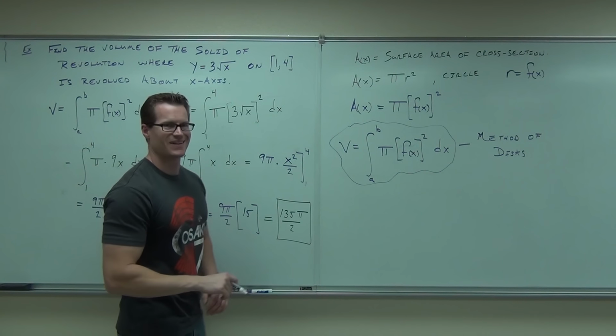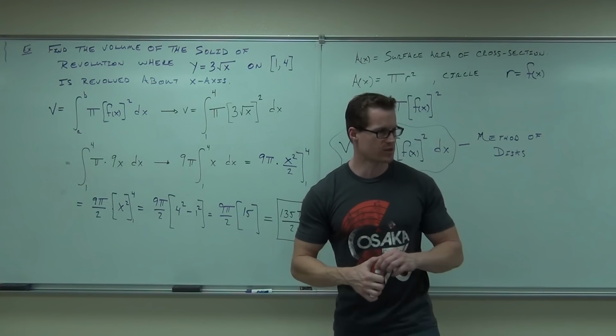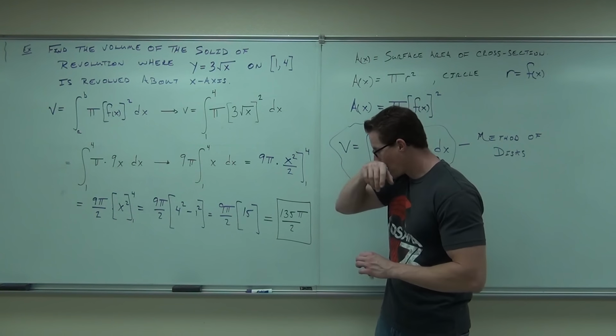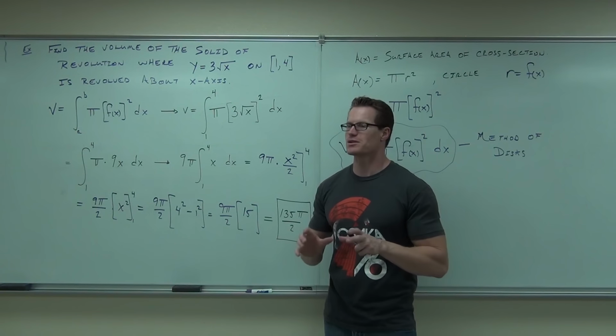Hey, and it works if you do it that way. Of course it works if you do it the other way. It has to be the same. Yeah, it's going to work either way. Don't forget the pi, too. I don't want 135 over 2. Don't forget that pi. That changes things.